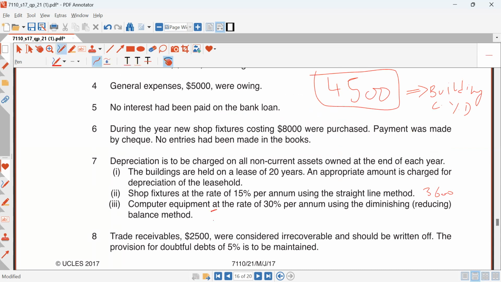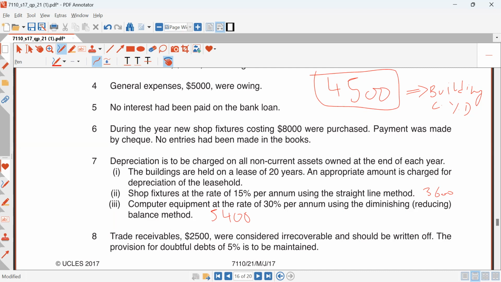That is 5,400. This is going to be the current year's depreciation for computer equipment. We have already done this in the income statement. It was just a quick recap. We have already calculated the current year depreciation for all of the three non-current assets.